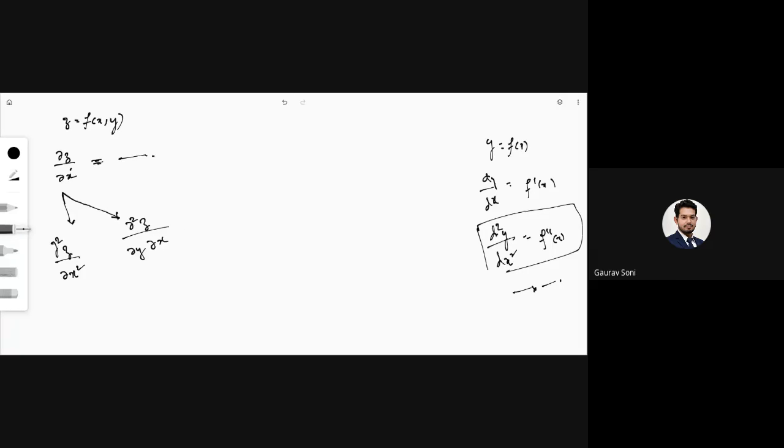Please raise your hand. So what I earlier did was I differentiated the function z equal to f of x, y with respect to x, and later I have differentiated with respect to x again. Also, I have differentiated with respect to y. So these are the second order partial derivatives.